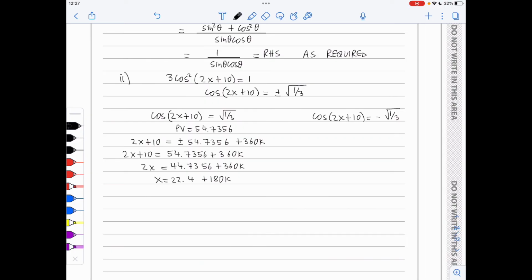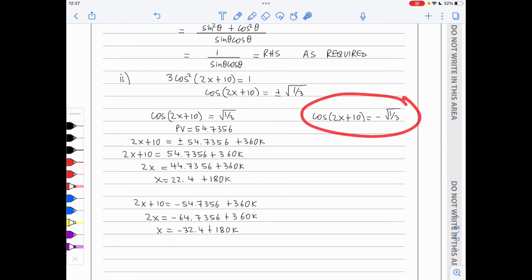The alternative is that 2x plus 10 is negative 54.7356 plus 360k, which means I can deduct 10 to get minus 64.7356 plus 360k, and therefore x is negative 32.4 plus 180k.